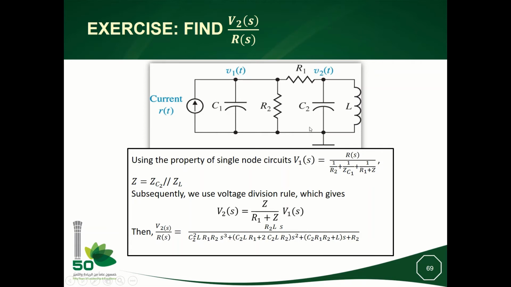We see now that V2 is the output and R is the input. So V2 over R defines the transfer function of the circuit.